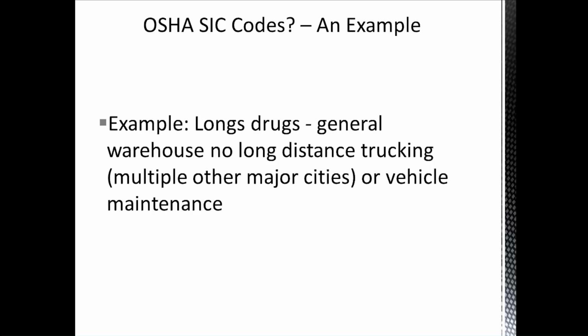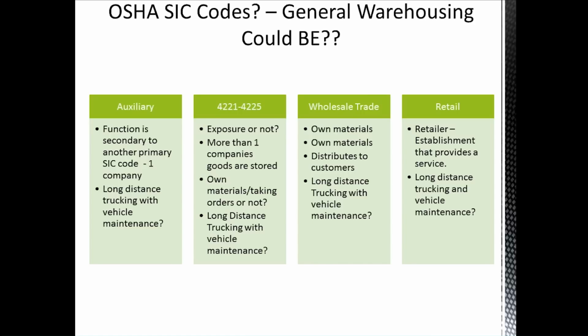So that's one way we would break this down, where they've got goods. The other thing is, okay, are they one of these warehousing facilities? Well, one thing you have to look at is, if it's a Rite Aid warehouse, they've bought the goods at that point, so they own the goods.